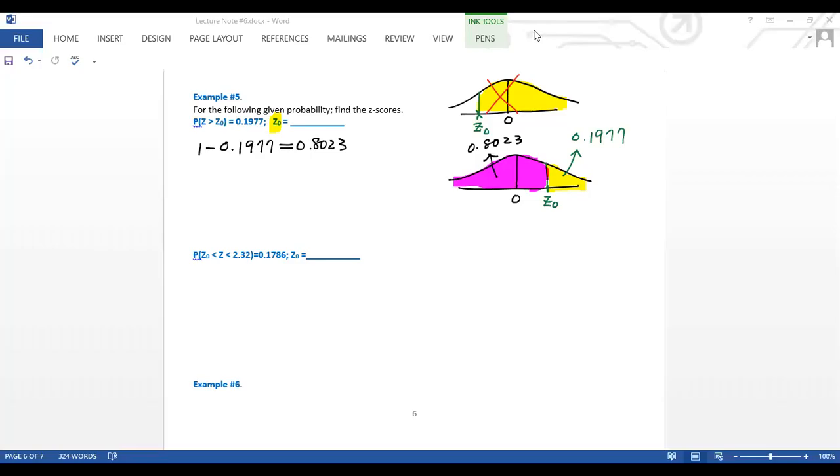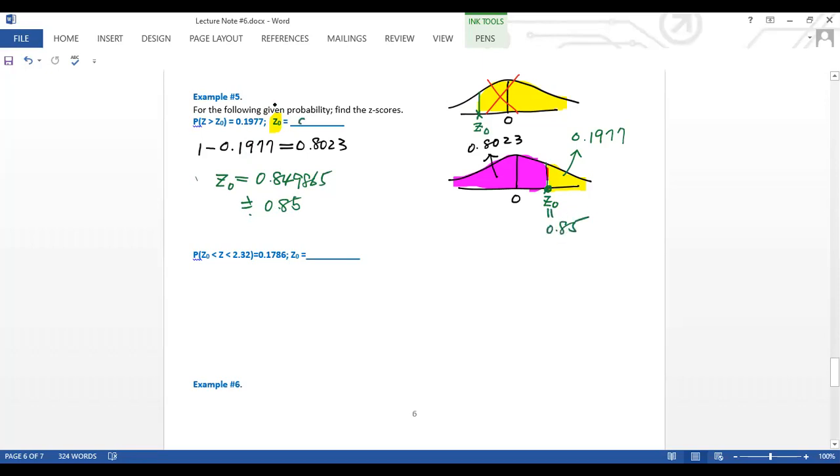So that's what I get here. When I use the TI calculator to find z0, the calculator gives me a long decimal, and I can't write that many digits, so we can just say it's approximately 0.85. That means this z-score is 0.85.